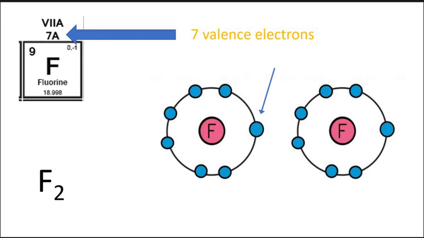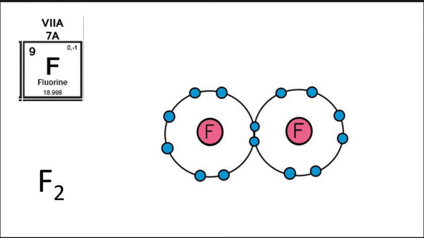And what happens is all you need to do is move them together, and they actually can share 2 of the electrons. So if you look at one fluorine and you count around, you go 1, 2, 3, 4, 5, 6, 7, 8 electrons for that fluorine.